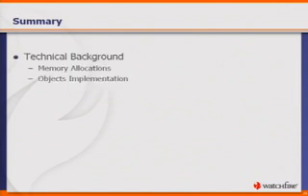Okay, so what did we have? First of all, we talked a bit about technical background. We talked about memory allocations, how they are implemented, about the look-aside list, and about object implementation. How does an object instance look in the memory, inside the application's memory?